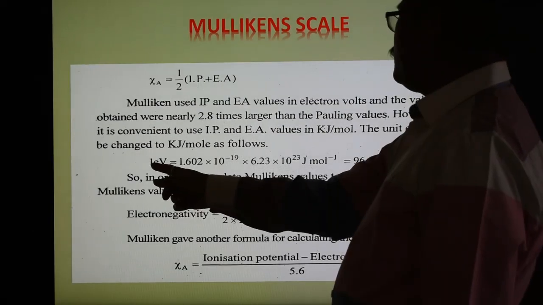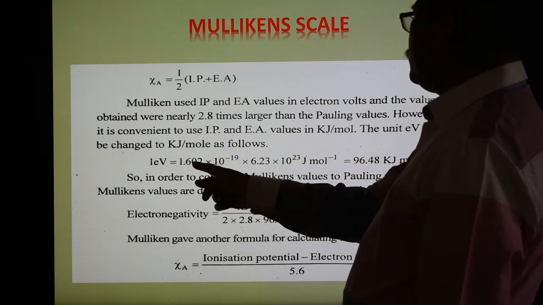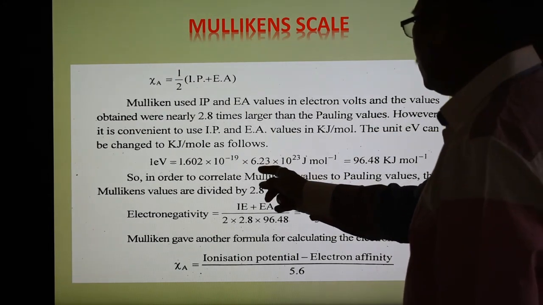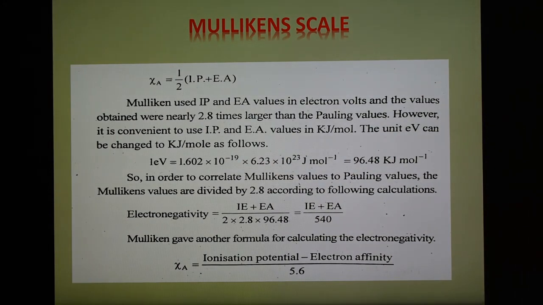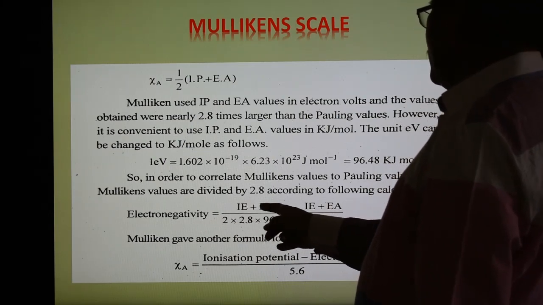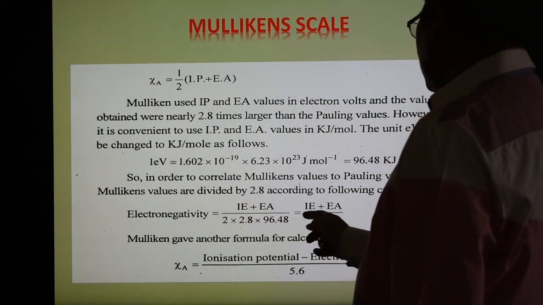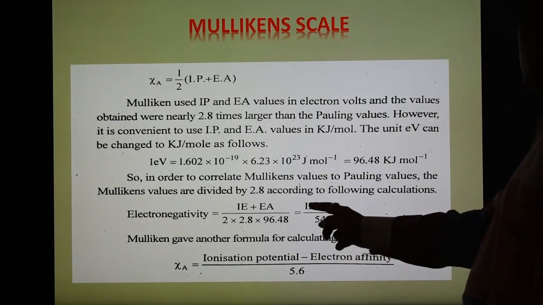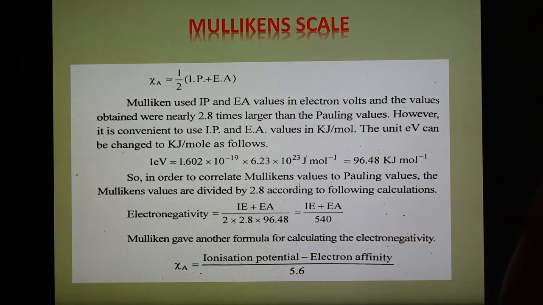The conversion of 1 electron volt equals 1.602 into 10⁻⁹, and multiplying with this we get the value in kilojoules per mole. In order to correlate these Mulliken values to the Pauling values, the Mulliken values are divided by 2.8. So we obtain this equation to find the value in kilojoules: electronegativity equals ionization energy plus electron affinity, divided by this 2, and we get 5, so the addition of this and 540.